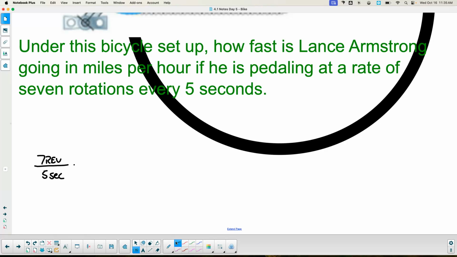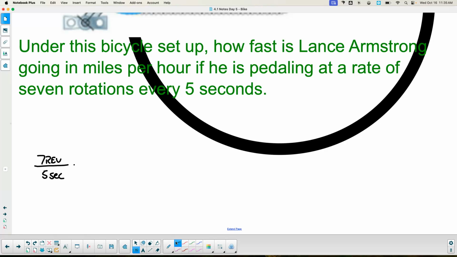Even with the same rotations in the same time frame, because they're different sizes, they're spinning at different speeds. The only thing that's constant is the linearness of the chain. So we need to find the linear speed of that chain.